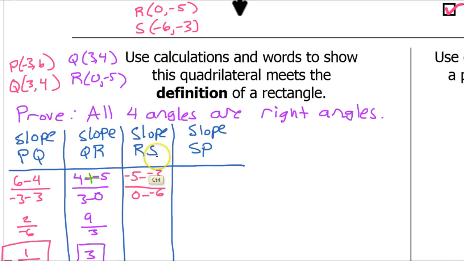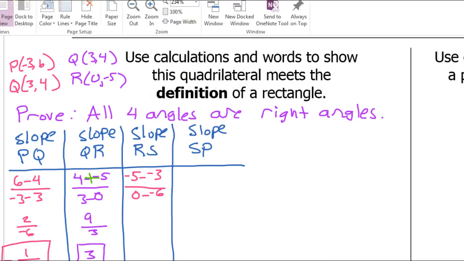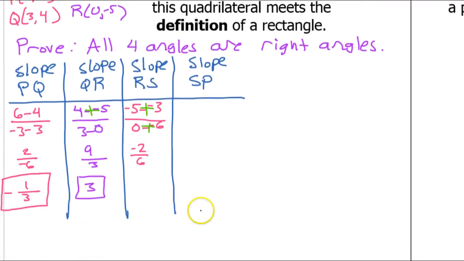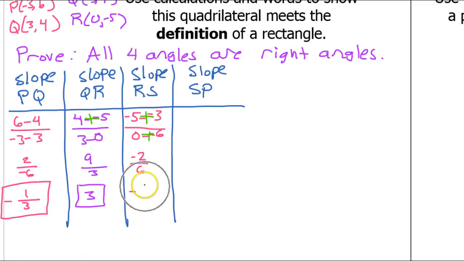We all know that minus and negative is addition, so let's change this to addition, and we will change this also to addition. That's going to give us negative 5 plus 3, which is negative 2. And 0 plus 6 is 6. Now this reduces down to negative 1/3. And I put these both in red because we expected these to be the same.